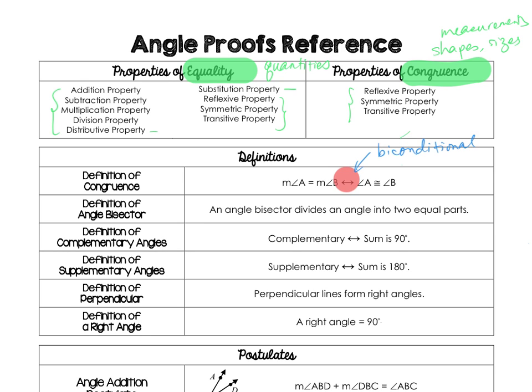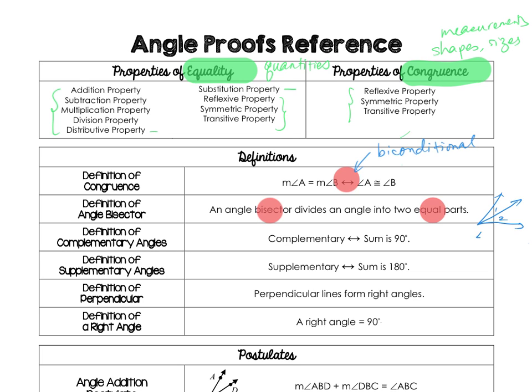So second definition is an angle bisector. An angle bisector, any kind of bisector simply divides anything into two equal parts. And in this case, it's an angle bisector, so it's dividing an angle into two equal parts. And if we draw an example, it will be something like this.